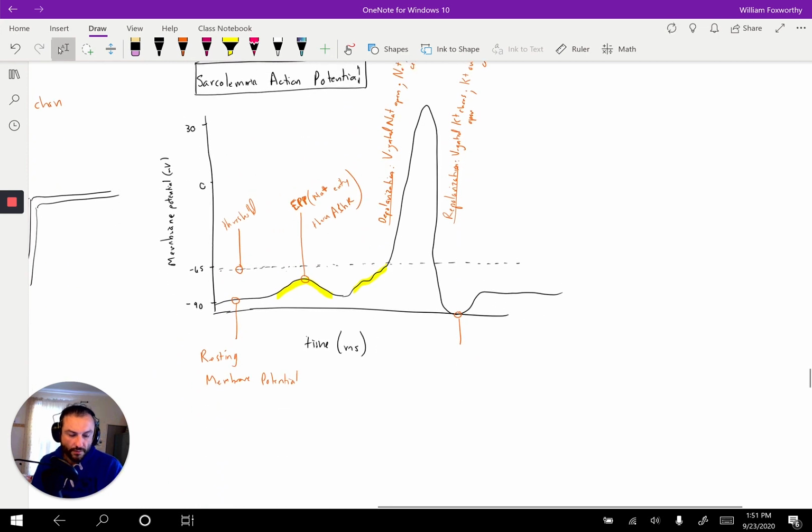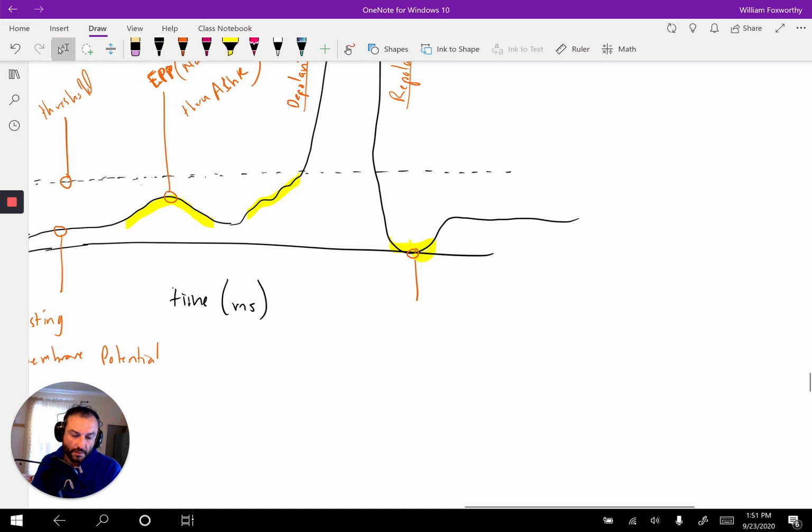All right, and then you can see down here, I dipped down lower than my resting membrane potential. And so what is this called? It's hyperpolarization. And why is this happening?